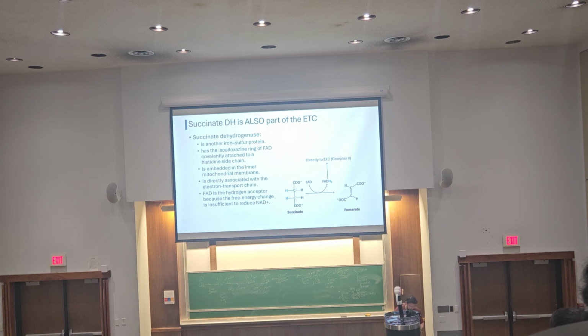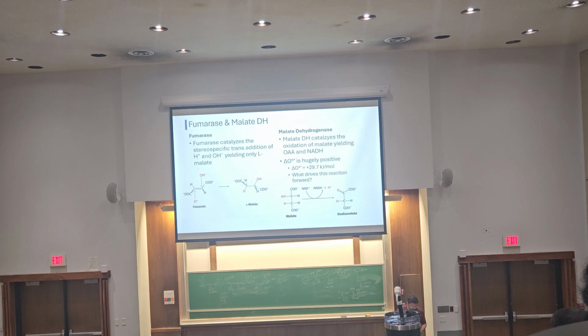So now we've got our fumarate. Fumarase is now going to catalyze the hydration. So we've got our oxidation, now we need our hydration. This is called malate, specifically L-malate.